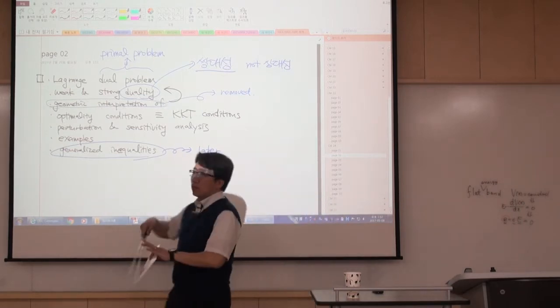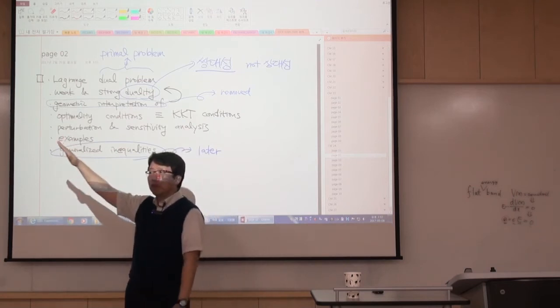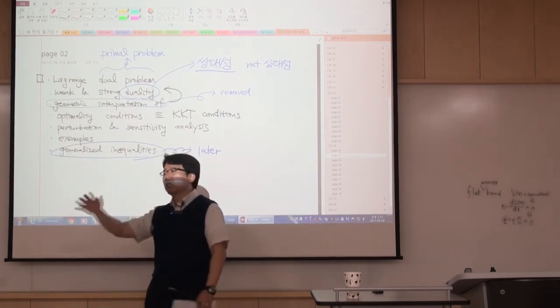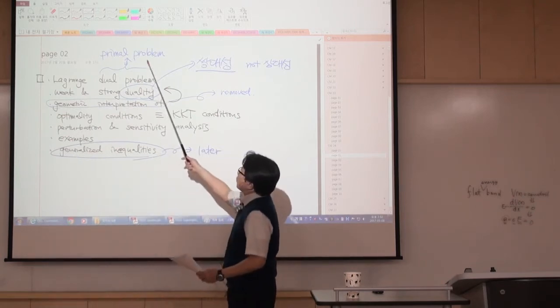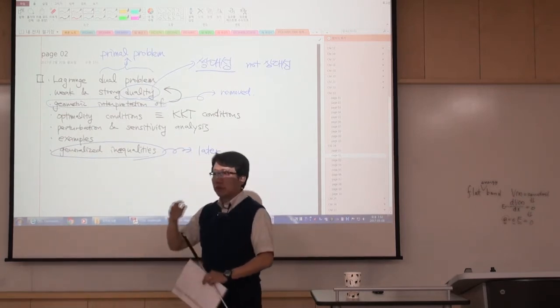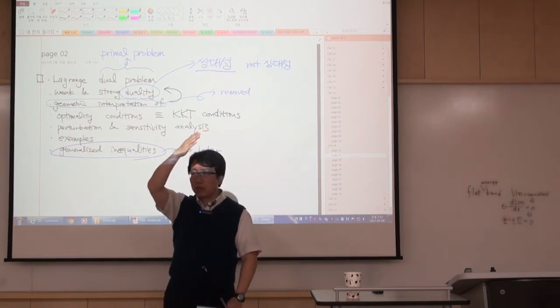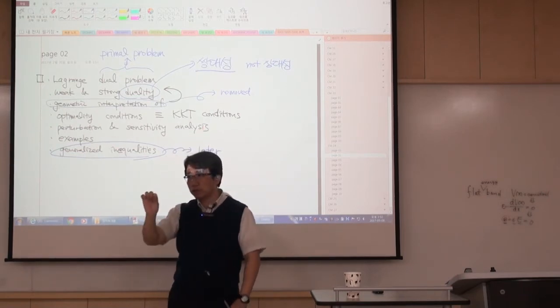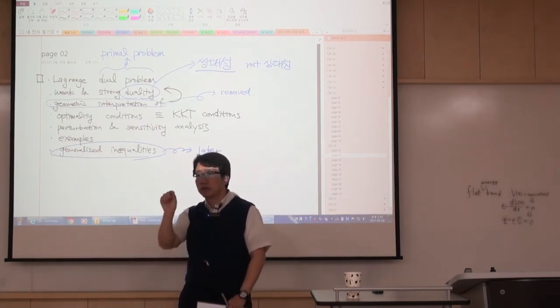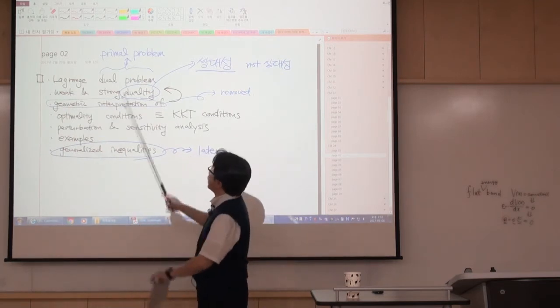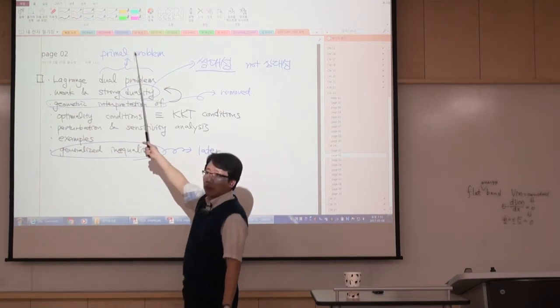When the primal problem is a minimization problem, the dual problem is a maximization problem. And second, the primal optimal solution, if it exists, has some objective function value, and then the dual problem's optimum objective function value is what? Less than or equal to this one.